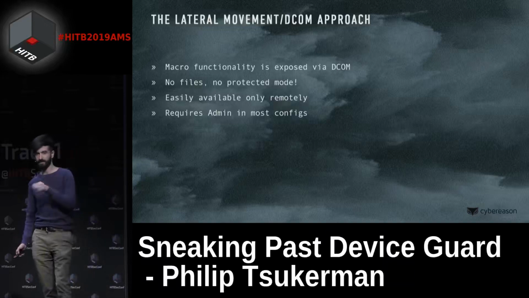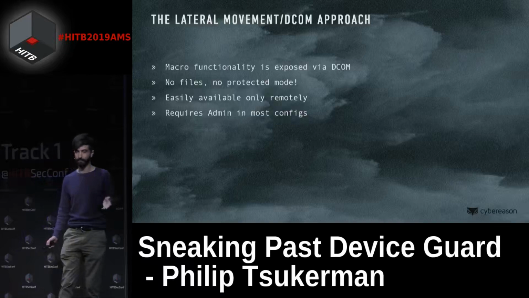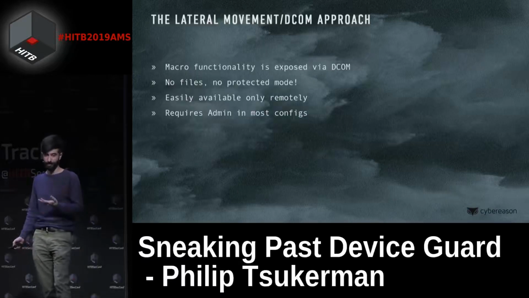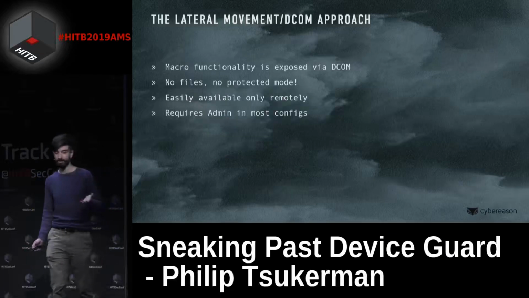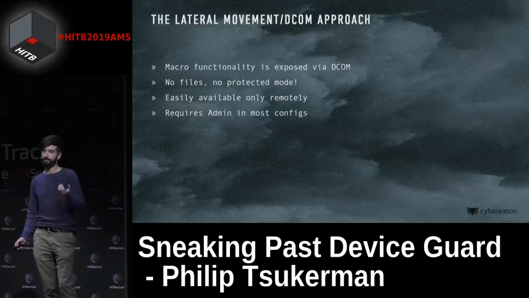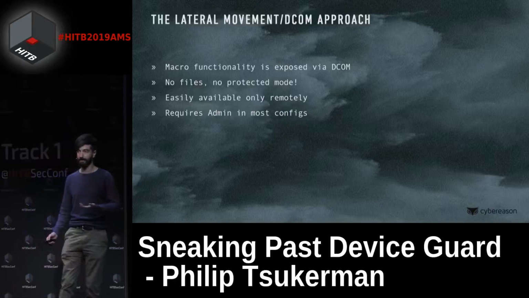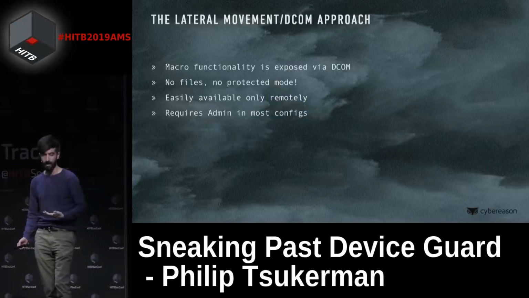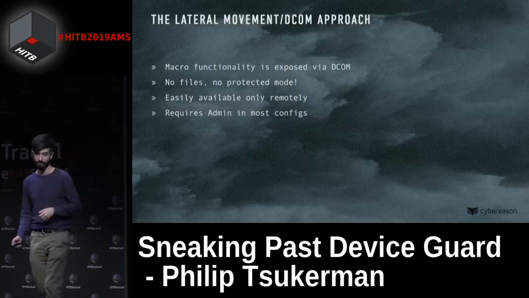Now, it's pretty hard to use this locally under device guard, because you won't be able to interact through, let's say, a script or PowerShell, which are locked down, with, let's say, the Excel COM object. But nothing prevents you from doing this remotely. So if I'm controlling another machine and I do have the credentials for my target machine, I could just use the Office application object by DCOM and make it run a macro.